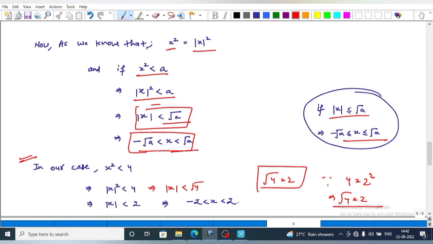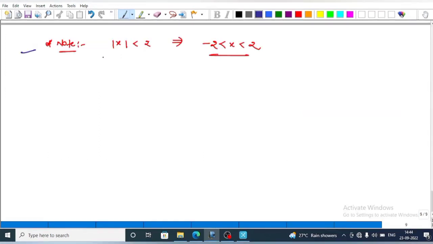Now this implies that mod of x less than 2, which can be written as minus 2 less than x less than 2.